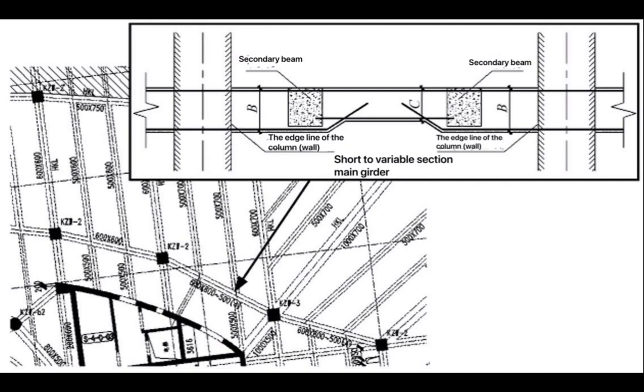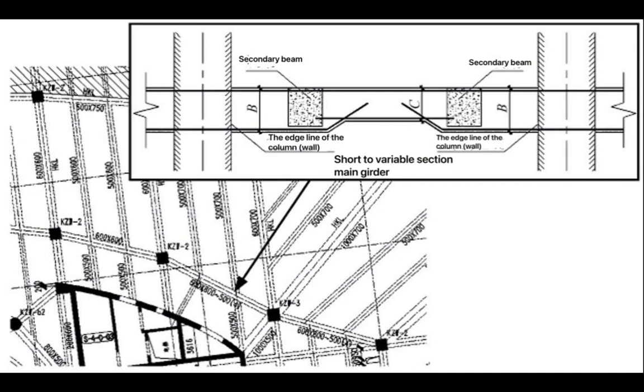On the one hand, two secondary beams are arranged along the long direction to reduce the span of the floor and transmit part of the floor load to the short beam. The long beam load will be reduced.